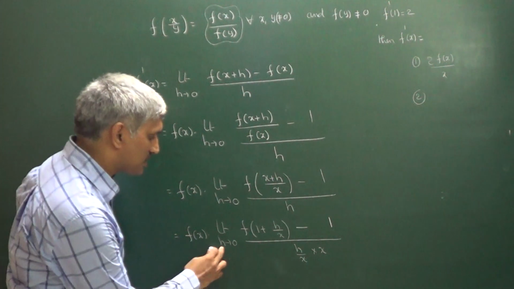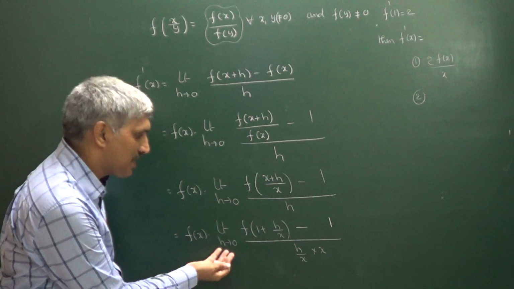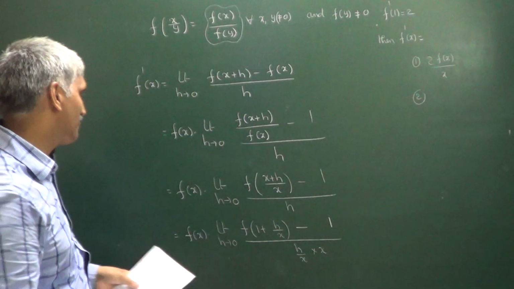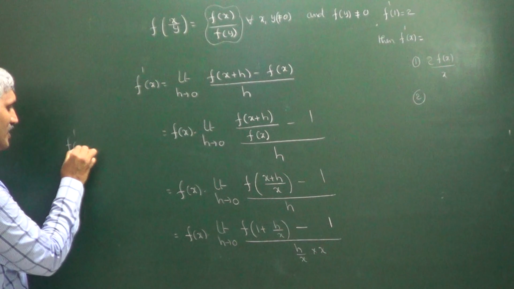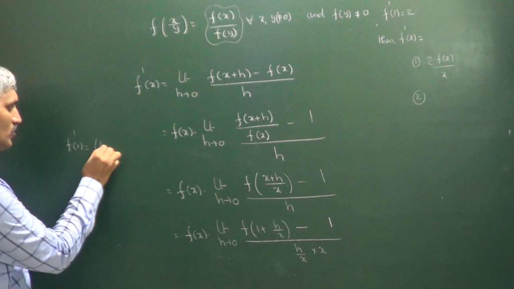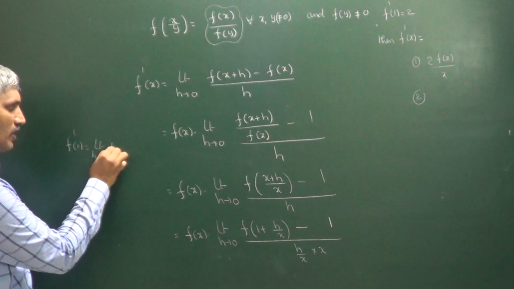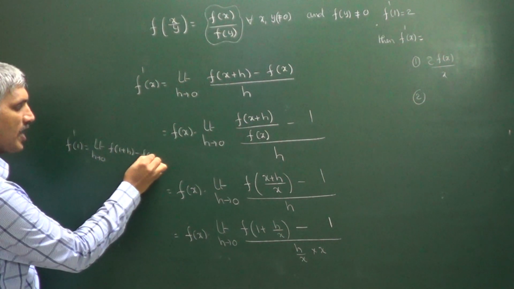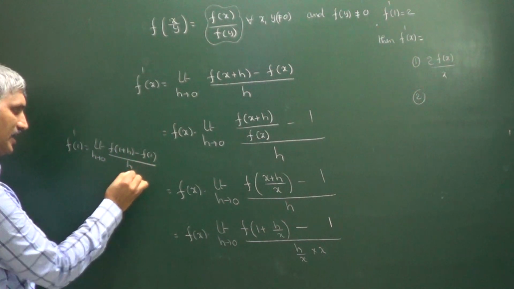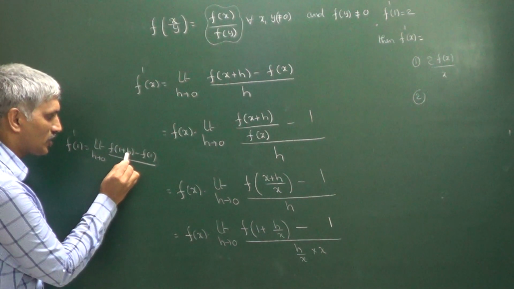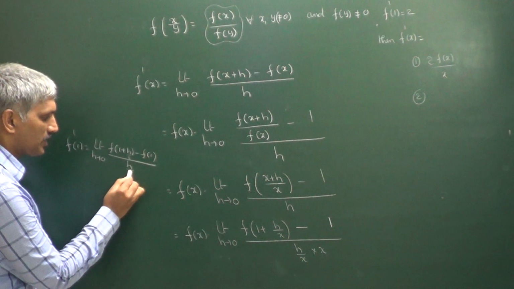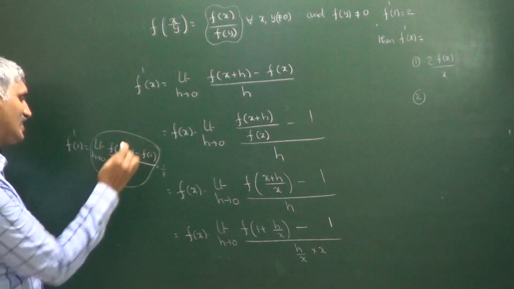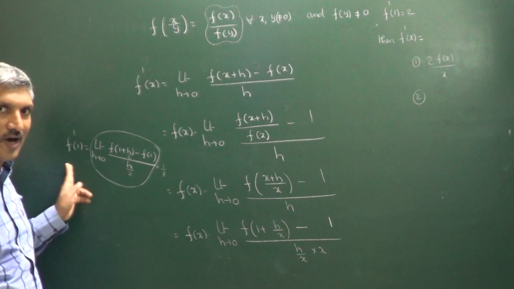Because h tends to 0 means obviously h by x also tends to 0. Because f dash of 1 value is given, first of all tell me what is f dash of 1. f dash of 1 is equal to limit h tends to 0, f of 1 plus h minus f of 1 divided by h. So here some extra things are there, no issue. By x, here also by x, we can write outside also x. So we can write this one as f dash of 1.